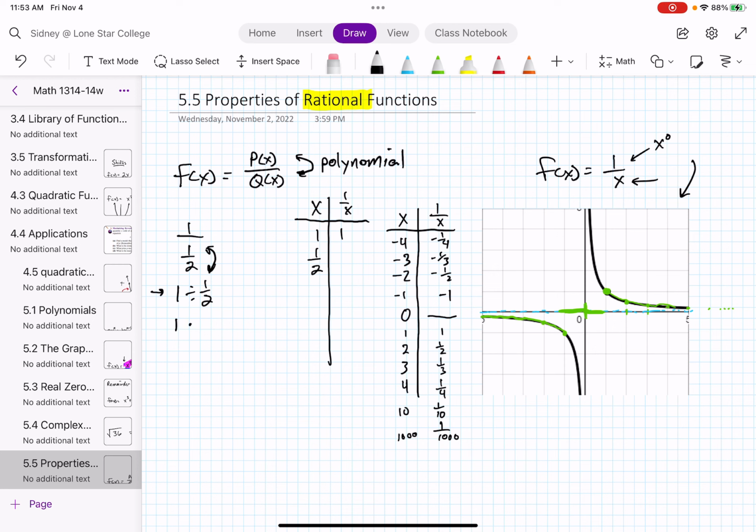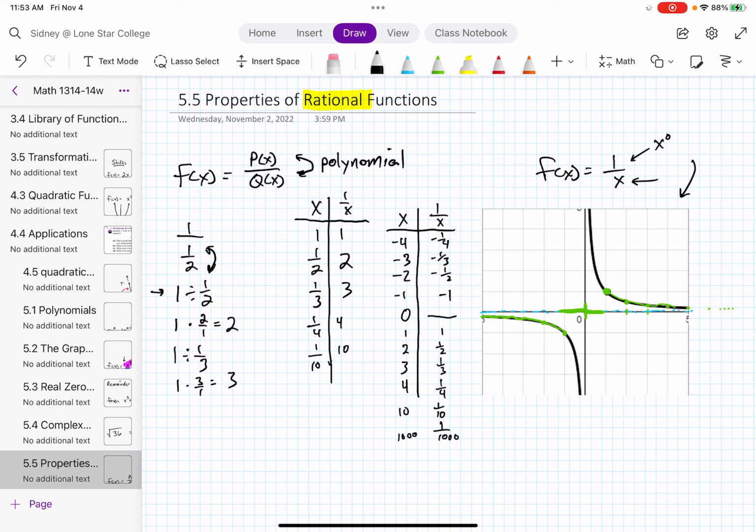So this becomes 1 times the reciprocal of 1/2, which is 2 over 1, which means this is just 2. This has an output value of 2. And if I said 1/3, that would be 1 divided by 1/3, or 1 times 3 over 1. It gives me 3. It's the multiplicative inverse. So 1/4 would be 4, 1/10 would be 10. I could go on from there.